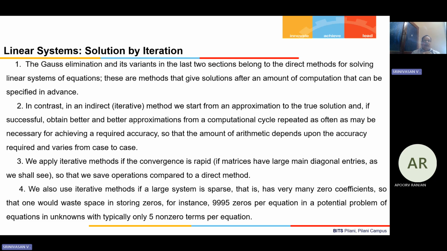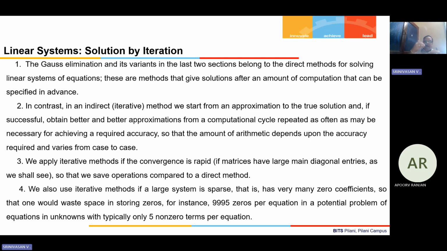In contrast, in an indirect method, we start from an approximation to the true solution and, if successful, obtain better and better approximations from a computational cycle repeated as often as necessary for achieving the required accuracy.